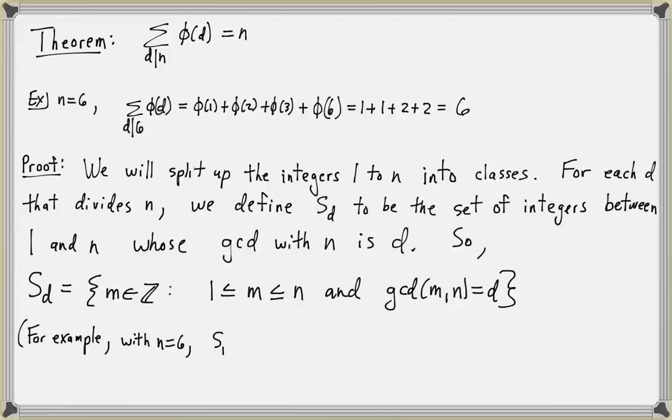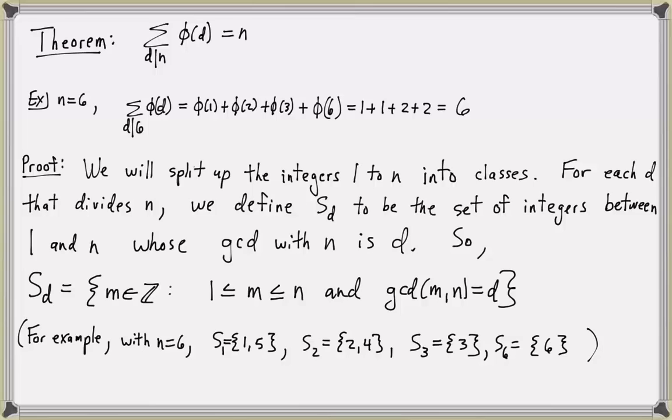S1 would be the integers relatively prime to 6, so there'd be 1 and 5. S2 would be the integers 2 and 4. The greatest common divisor of 6 and these integers is 2. S of 3 would be the set containing 3. And S of 6 would equal the set containing the number 6.